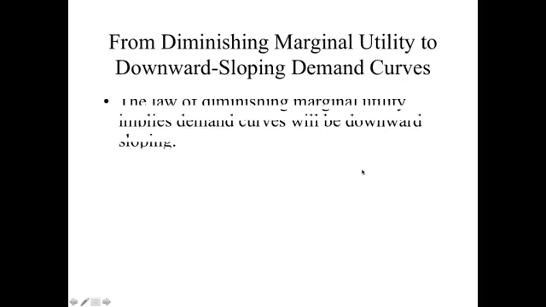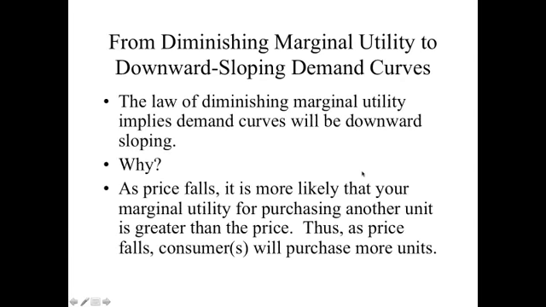Now we haven't hit demand curves yet. But when we do, this law of diminishing marginal utility is going to imply that our demand curves are downward sloping. The reason for that is, as you start to buy more, your marginal utility drops. Because your marginal utility drops, that means that at a given price, you're less likely to buy that next unit. But as the price falls, you're more likely to purchase an extra unit.